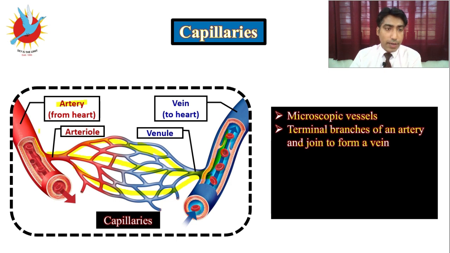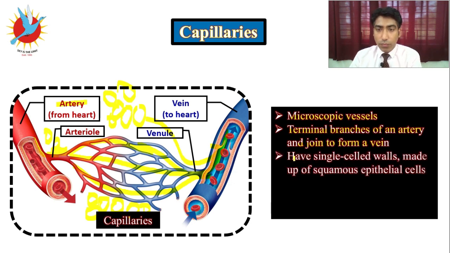Arteries carry oxygenated blood, so from here oxygen will be transported to the body tissues. Suppose these are the cells of the body tissue. These cells will easily get the oxygen through the capillaries, and when these cells produce carbon dioxide, the deoxygenated blood is transported back to the lungs through the veins.